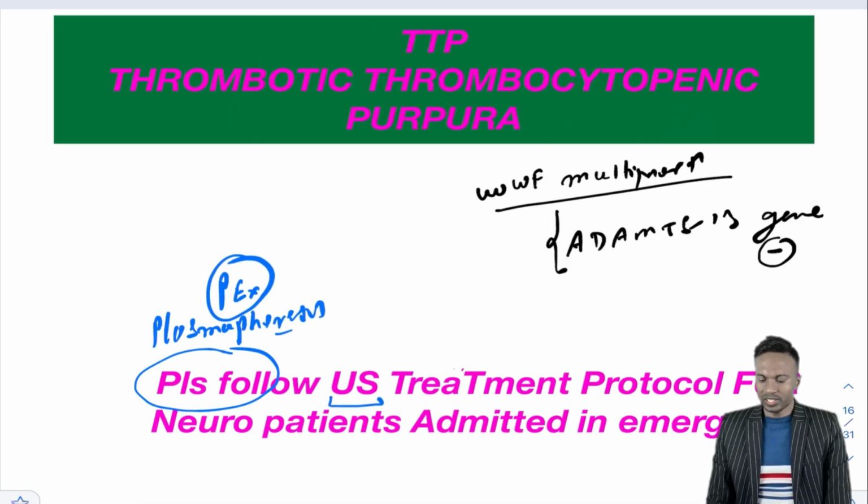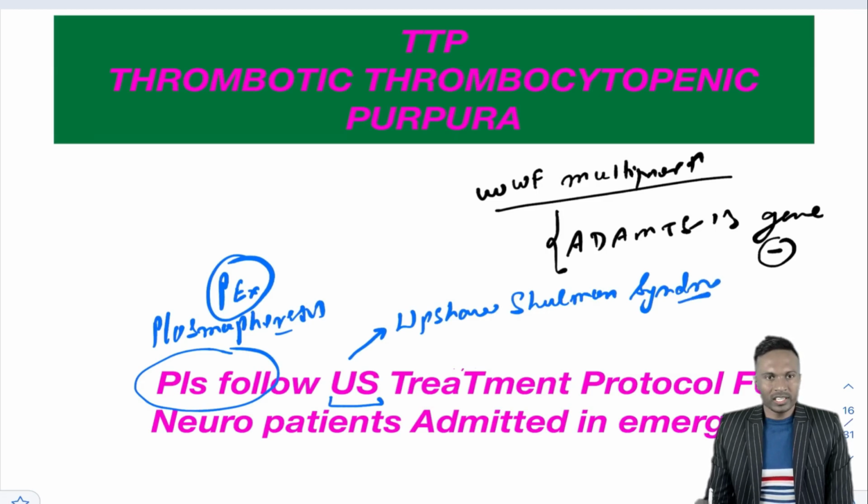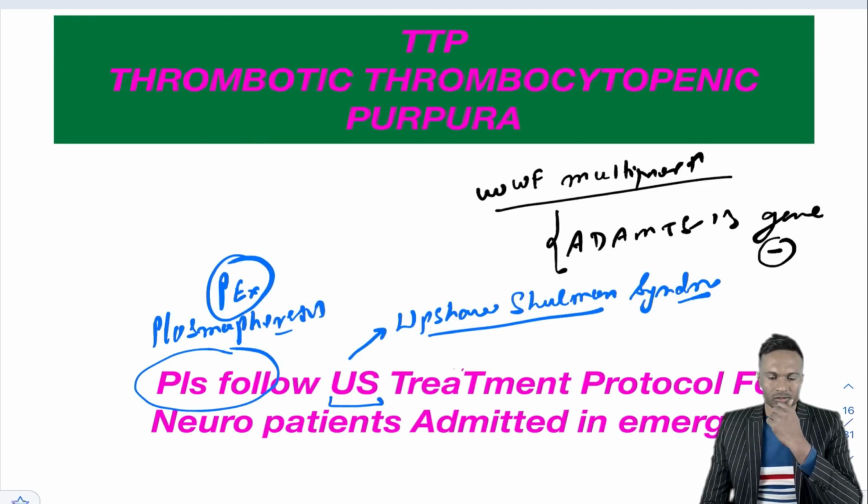US. What is US over here? US is Upshaw-Schulman syndrome, a congenital variant of TTP. Usually it is an acquired disease. Sometimes a congenital variant is also there. You call it Upshaw-Schulman syndrome.